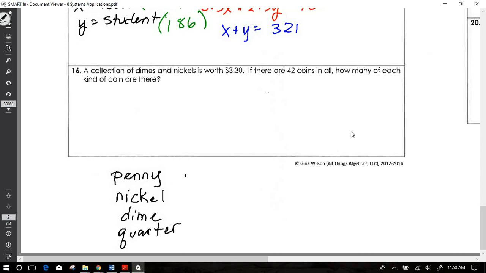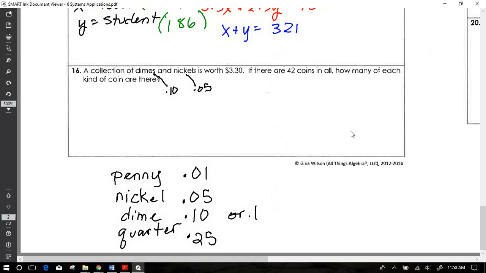Okay, a penny is 0.01 as a decimal, a nickel is 0.05, a dime is 0.10, or you could just say 0.1, and a quarter is 0.25. That is the information that they failed to point out to you. Okay, so a dime is 0.10, a nickel is 0.05.